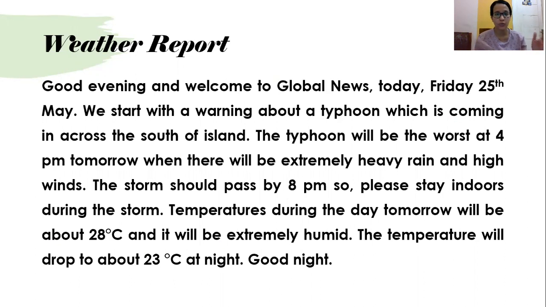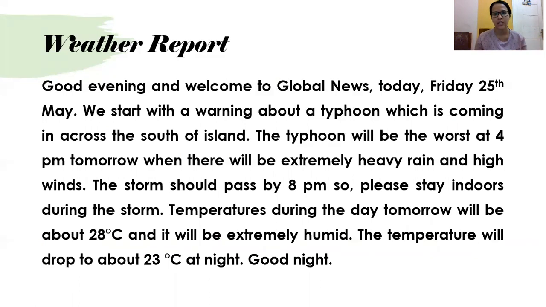The typhoon will be the worst at 4 p.m. tomorrow when there will be extremely heavy rain and high winds. The storm should pass by 8 p.m., so please stay indoors during the storm. Temperatures during the day tomorrow will be about 28 degrees Celsius and it will be extremely humid. The temperature will drop to about 23 degrees Celsius at night.